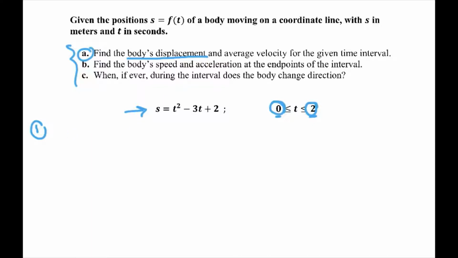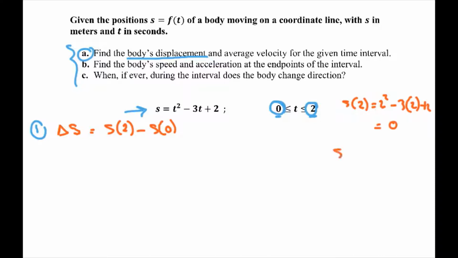You can find s(2), which is equal to 2 squared minus 3 times 2 plus 2, and that's equal to 0. And you can find s(0), 0 squared minus 3 times 0 plus 2, and that's equal to 2. So delta s equals 0 minus 2, which is negative 2 meters. Okay, that's the first part, the displacement.